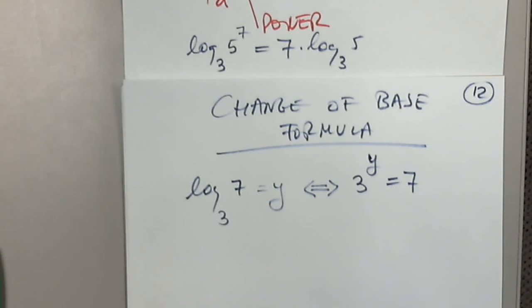But you and I do not have the capability of determining y. We have no way of determining what power we raise 3 to get 7. If this were 9, meaning both sides of the same base, yes, I can say y is 2. Right, but here I can't.